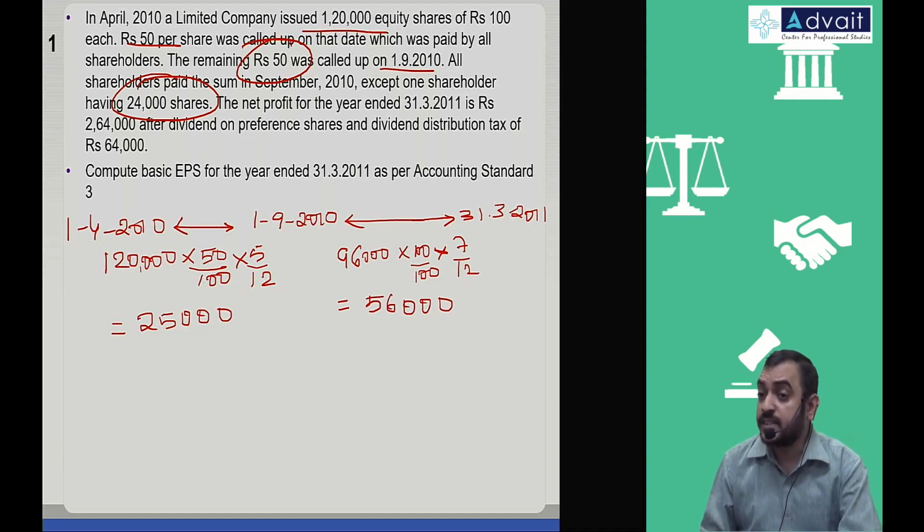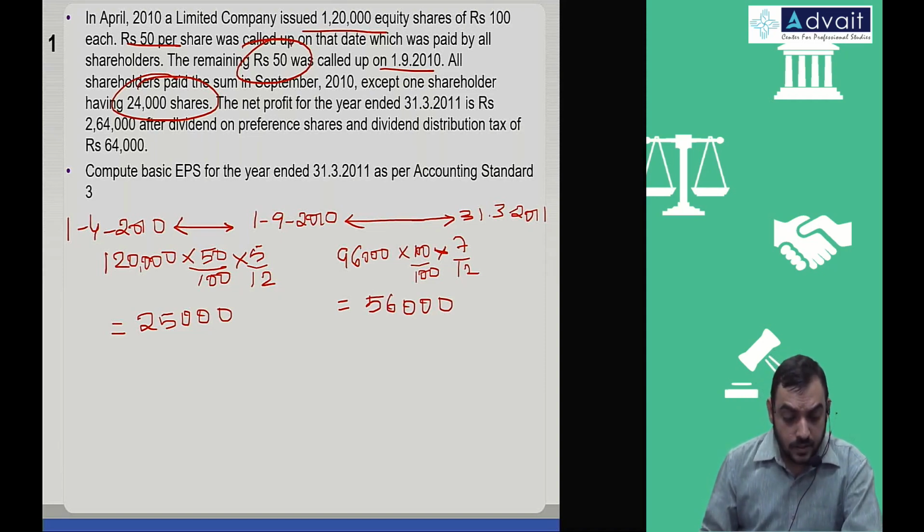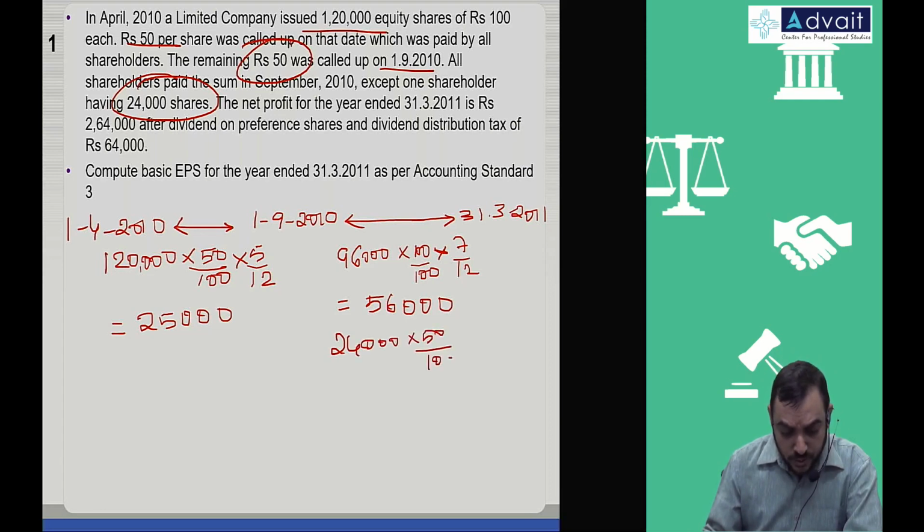Is the number correct? 56? Okay. And not only that, on these 96,000 shares 100 rupees is paid up because people paid the balance 50. But what about those 24,000 shares? Their 50 rupees still continues. They have not paid the second 50 rupees, but the first 50 rupees is still paid up. Therefore, on 24,000 shares, the first 50 rupees still continues for 7 months.